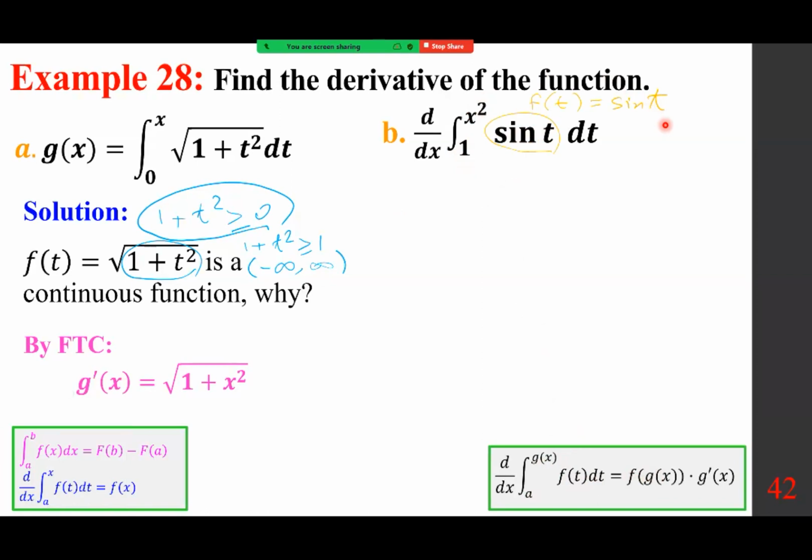Replace the t with x squared, and then g prime of x, right, times the derivative of x squared, which is 2x. Okay, so sine of x squared, and then times 2x. We're going to put it in front.